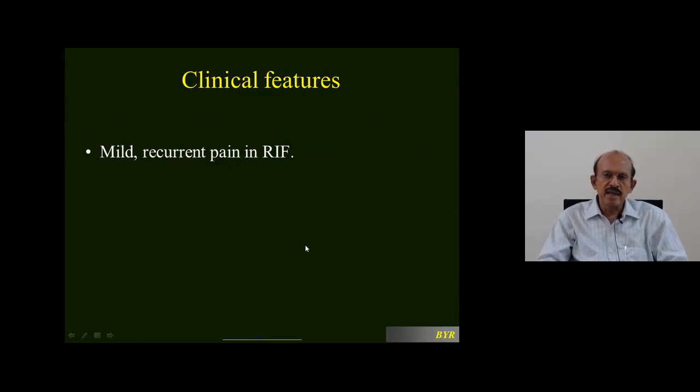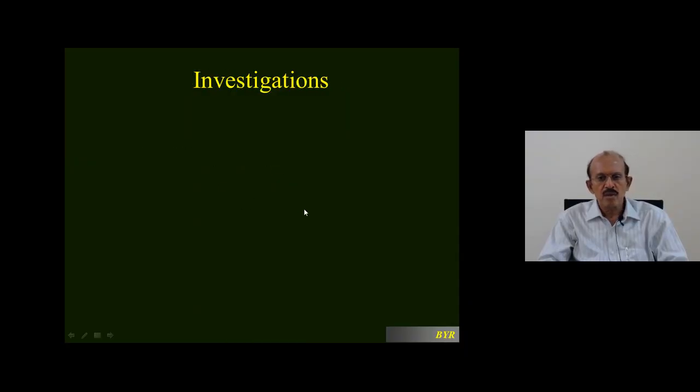Clinical features: it may be silent because a small mass is there. It won't produce any problem. Or sometimes it may produce mild recurrent pain in the right iliac fossa. Investigation: when you do laparoscopy or CT scan, you may be able to detect the lesion.